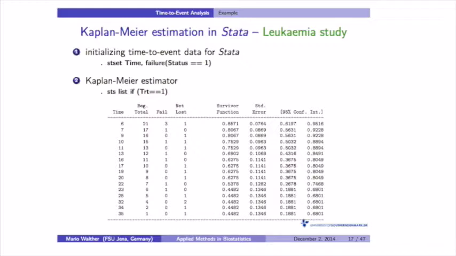Using the same product formula and the formula for the conditional probability, you get here the estimation for the survival function, which is called survivor function instead of survival function. It's the same as survival function. It includes the standard error of each estimate and the 95% confidence interval.